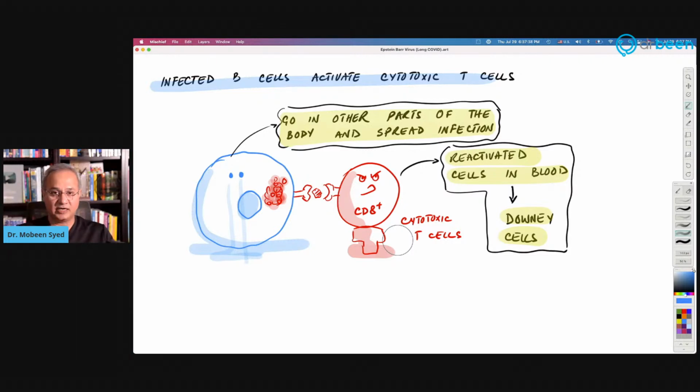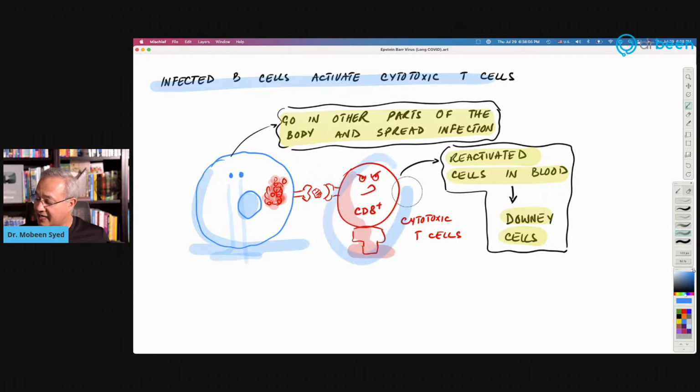The naive T cell will become activated, and that would activate the T helper 2 pathway, which would activate some other B cells that are going to be against this virus. Plus, the naive T cell can convert into T helper 1 as well, which would activate cytotoxic T cells. So when these B cells are infected, cytotoxic T cells are activated in large numbers.